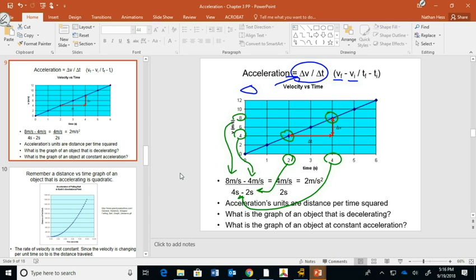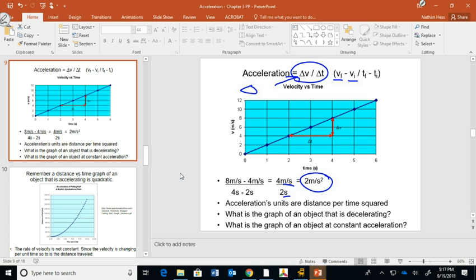After I subtract them, I get 4 over 2. And of course, 4 divided by 2 is 2. Notice it's not meters per second, it's meters per second squared, because I have meters per second divided by seconds. The units for acceleration are always meters per second squared.